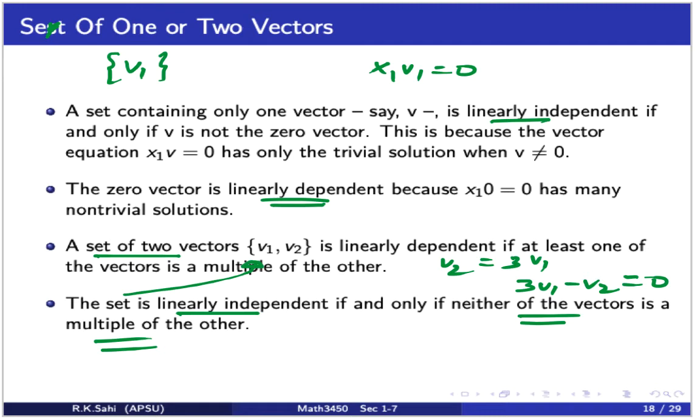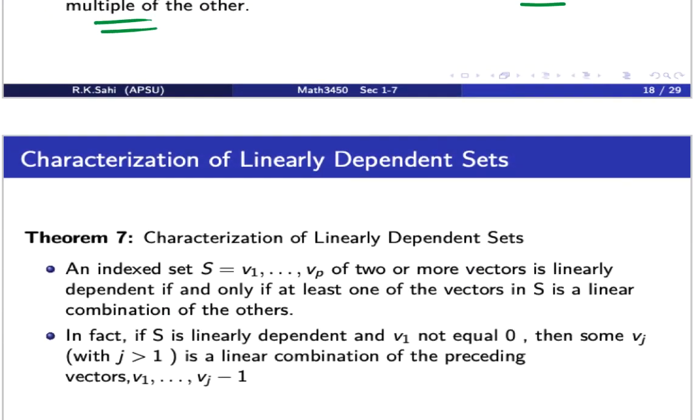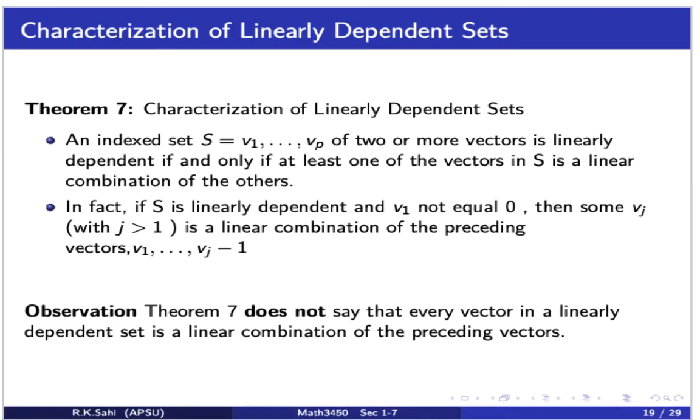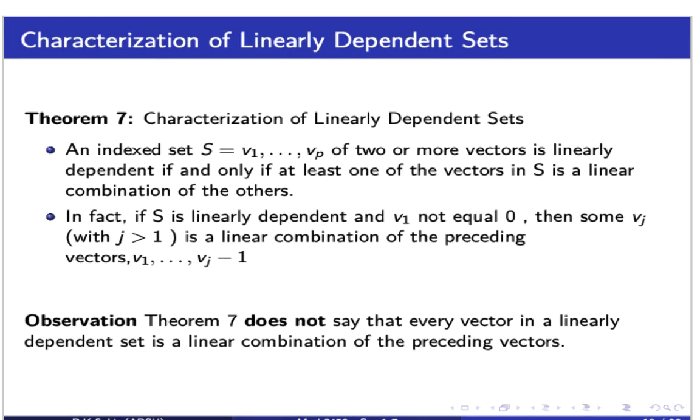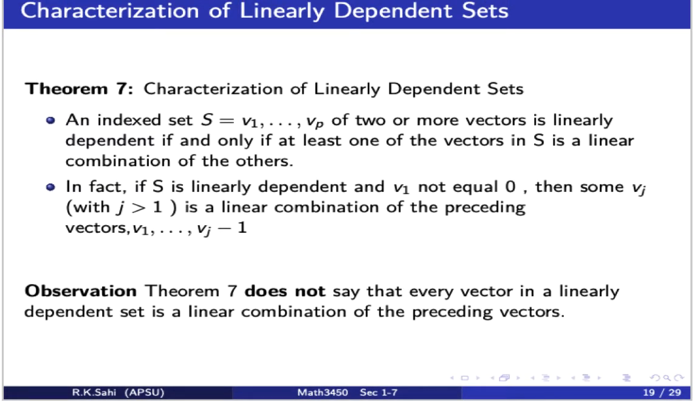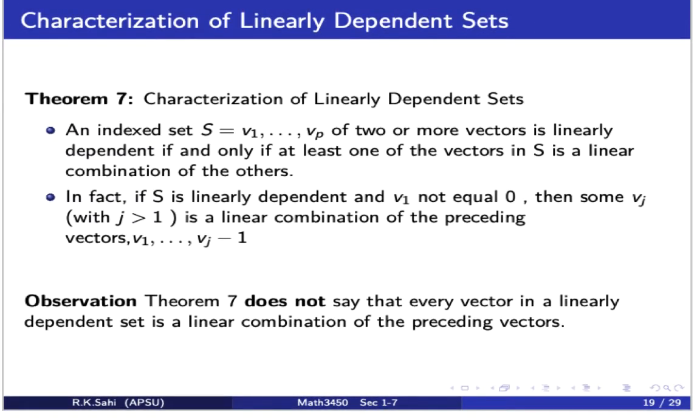Okay, let's look at another theorem, which is the characterization of linearly dependent sets. I will only be looking at the theorem, and we'll be applying this theorem to prove our results.